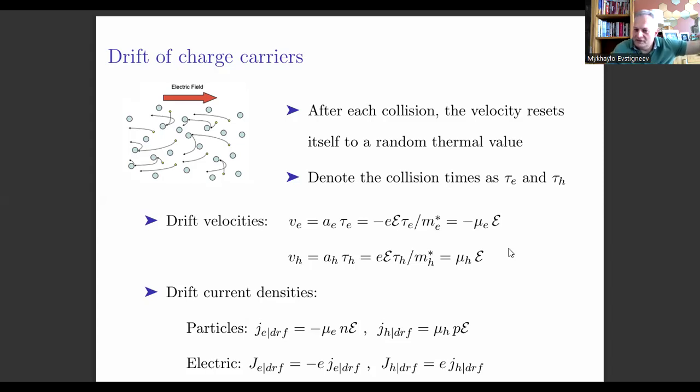electric field set to 100 volts per centimeter, the typical collision time has the value of maybe hundreds of picoseconds, so it is fairly small.